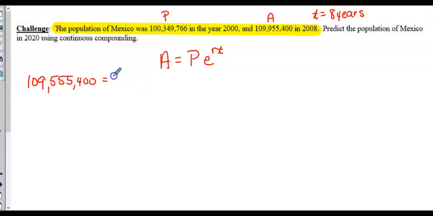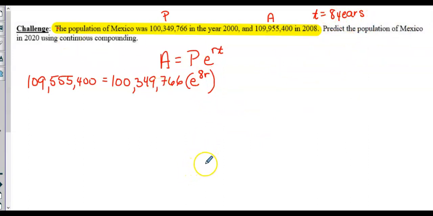My initial amount is the other number. If you wanted to skip a step, you go ahead and divide this by this. And then in parentheses, I have my E, and then my rate is what's missing. I need the rate of growth. That's what I'm looking for. The time in years was 8. And then the rate of growth is what I'm missing. I need to find the rate of growth before I can make this prediction of the population in 2020.